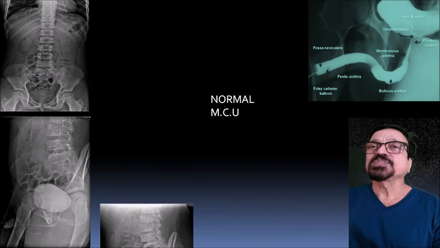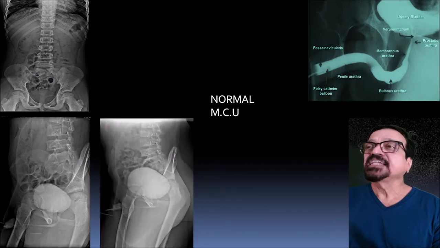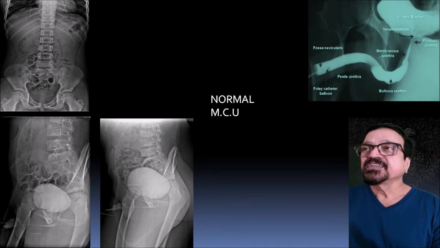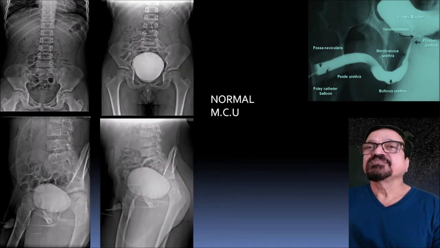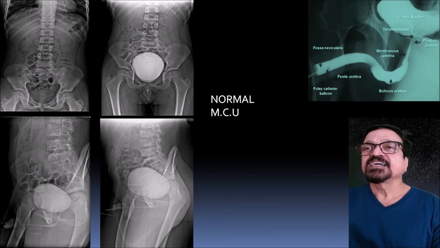Now here we are seeing two things. One thing is the normal, that is on the right side, which is diagrammatic, and what we are seeing is the actual MCU. So it's a normal MCU demonstrating the bladder as well as all parts of the urethra. First is the plain X-ray. Start with cystogram, then do the MCU and take the film.